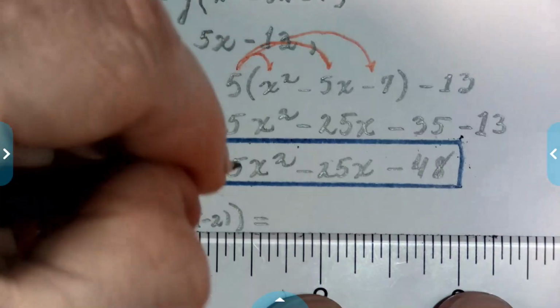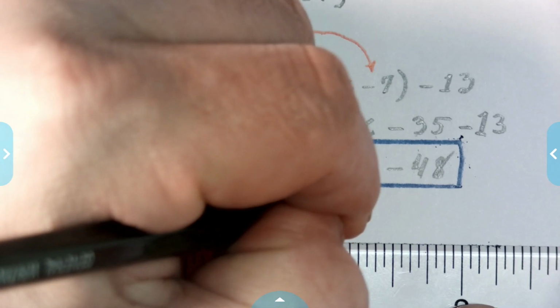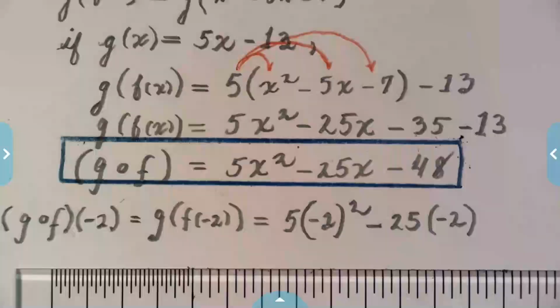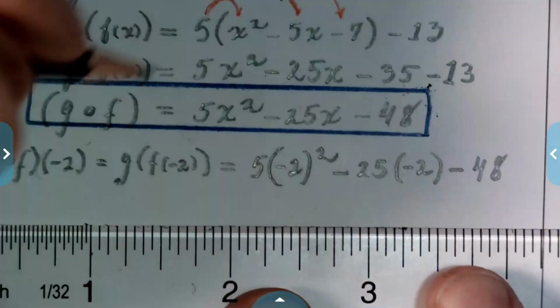All right, so now we're going to plug in -2 everywhere we see that X. I'll just start by making a template for you. So we have -25, and then -2, and -2 goes in here, and then we have -48. Okay, so let's evaluate.